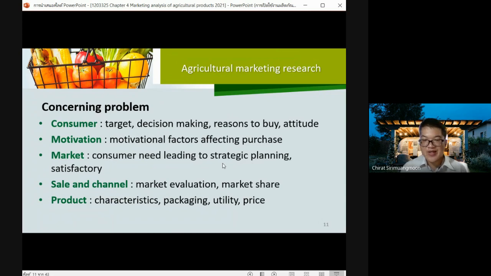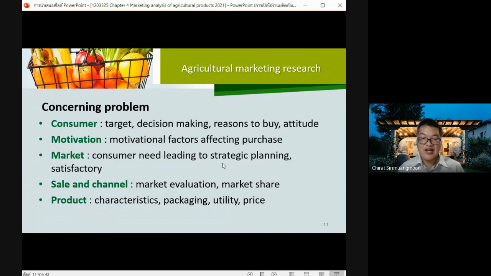Then we also have the sales and channel concern, which is how you are going to evaluate the market. You can use some techniques to evaluate the market value and the market share.